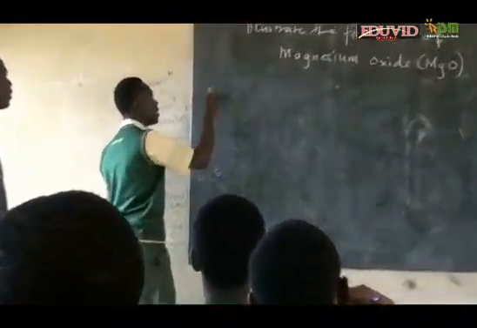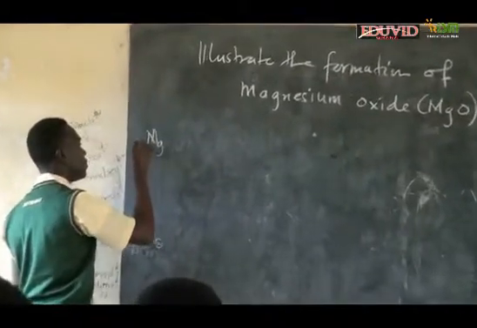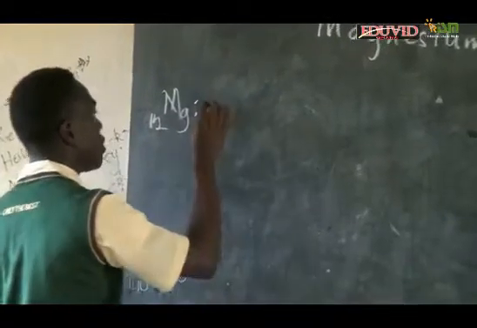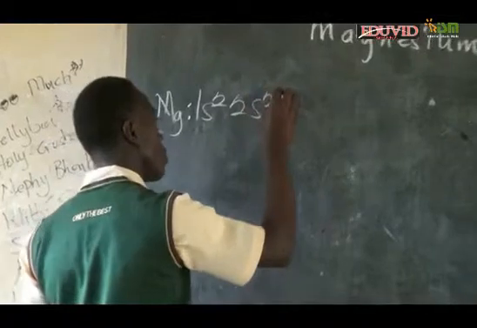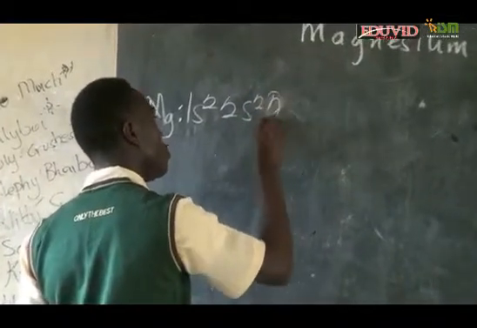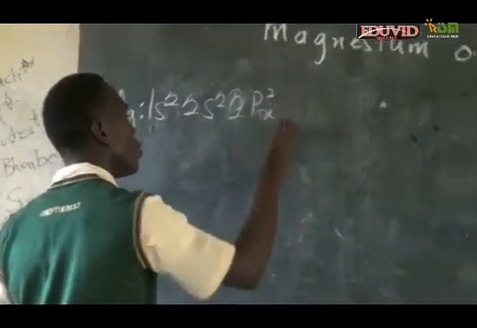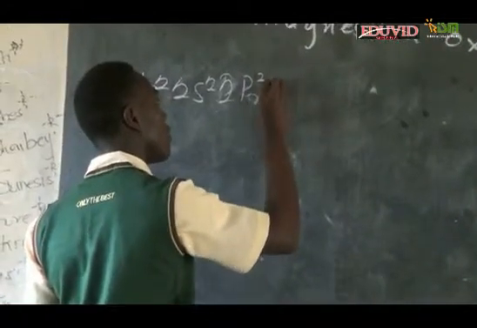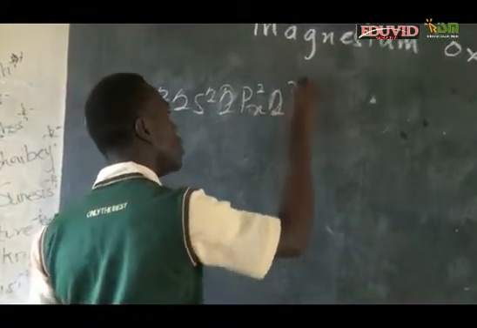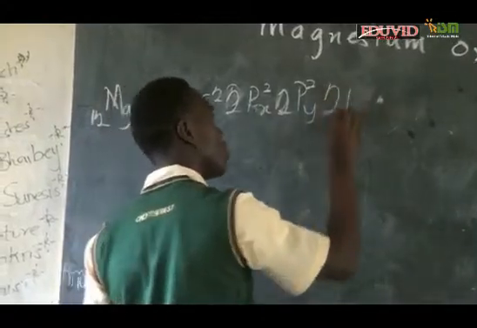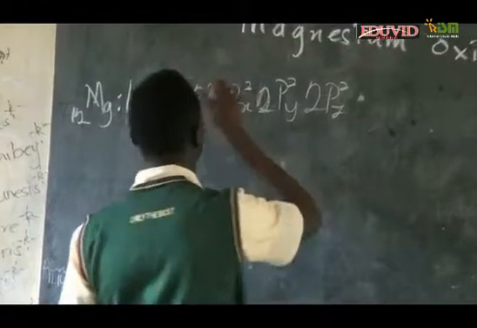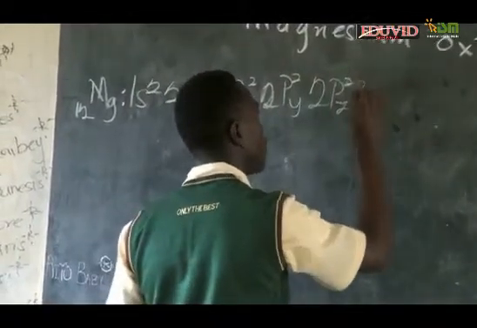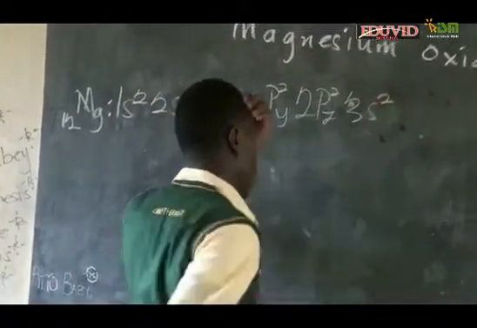Taking magnesium first, it has 12 electrons, so the electronic configuration is 1s2, 2s2, 2p6, 3s2, and oxygen is 8.